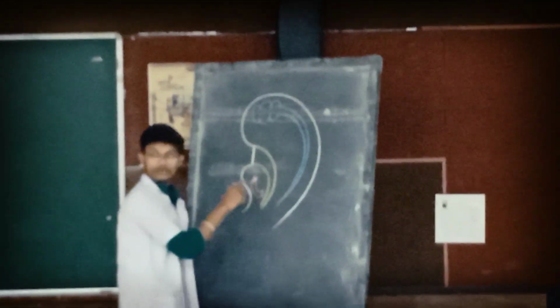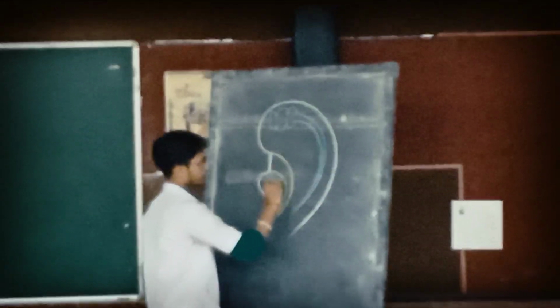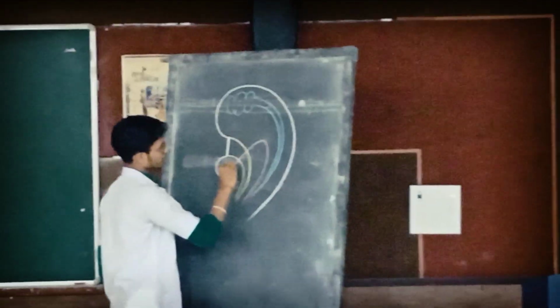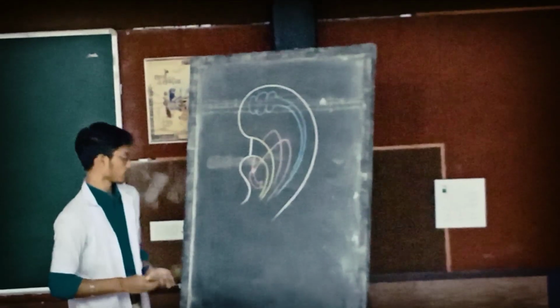From the truncus arteriosus of the heart tube, a pair of dorsal aorta arises. These dorsal aorta are present on the dorsal side of the embryo.